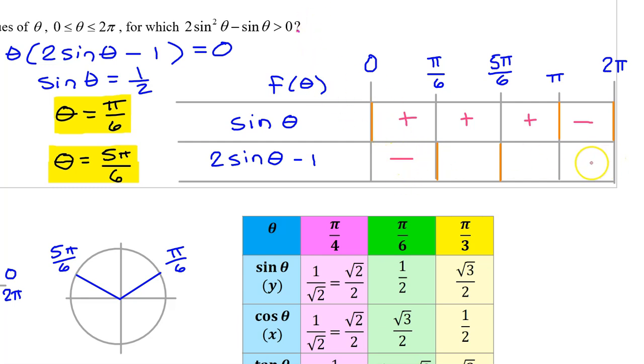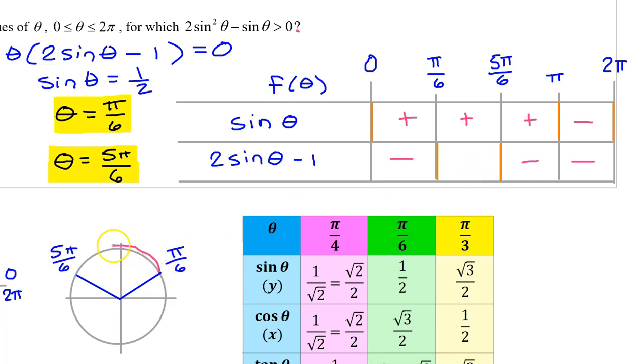Let's jump over to the last interval because we can use 2 pi as a test value, and 2 pi works the same as 0. The sine of 2 pi is also 0, so again we get negative 1. So this factor is negative throughout this interval. Consider the interval from pi over 6 to 5 pi over 6.